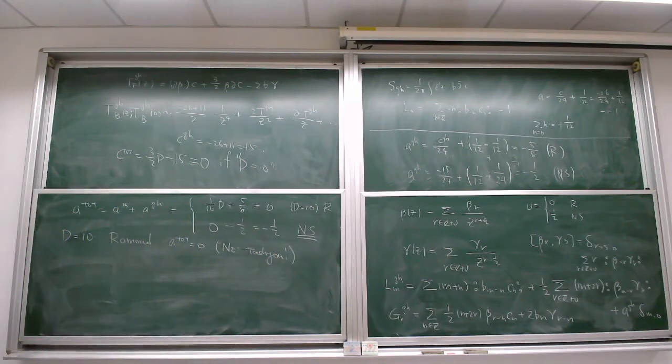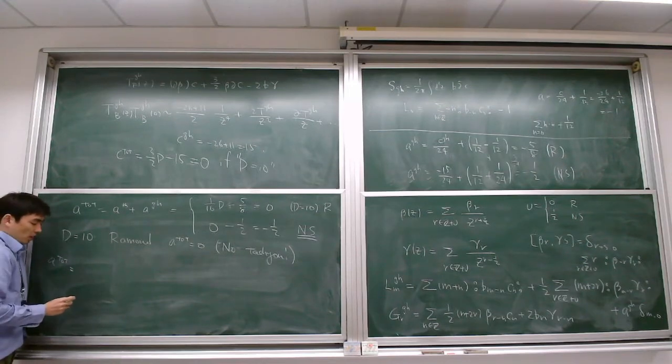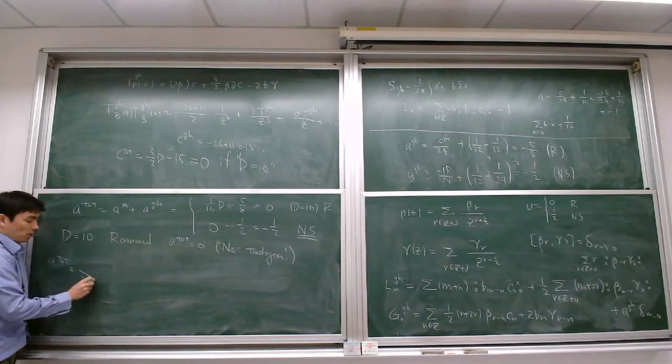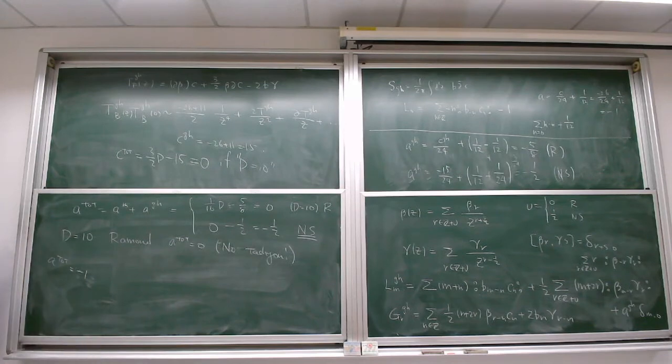For the Neveu-Schwarz, it used to be a total of 24 minus 25, so the total is minus 1, and that will give you a tachyon. But now there's no tachyon.